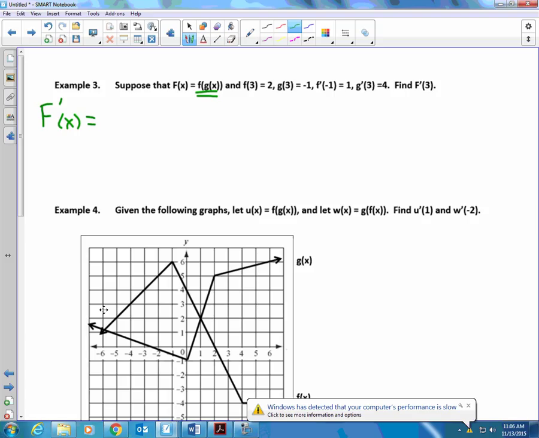And the chain rule says we take the derivative of the inside. What would we write as the derivative of the inside? What's the inside function here? g of x.